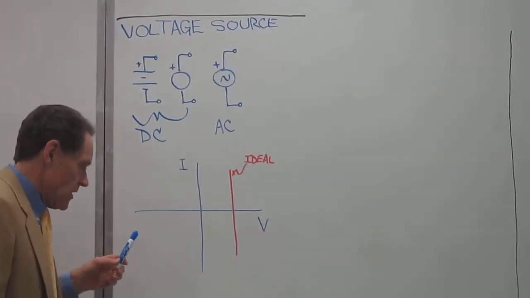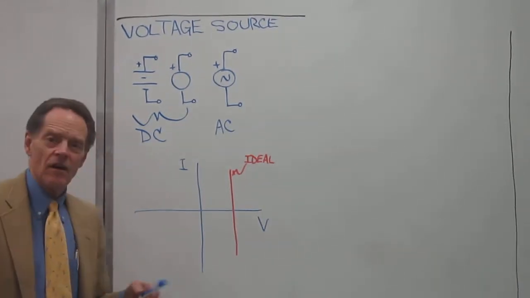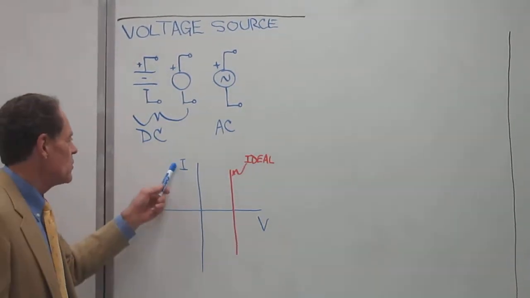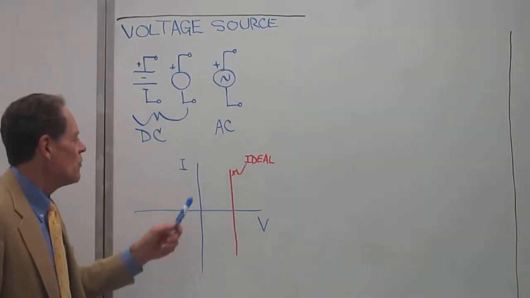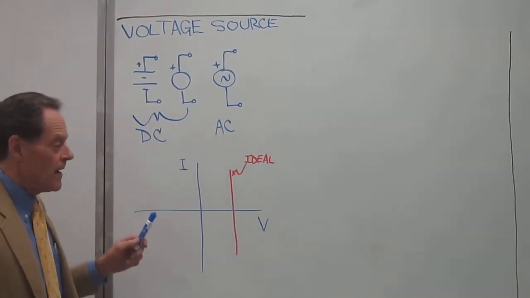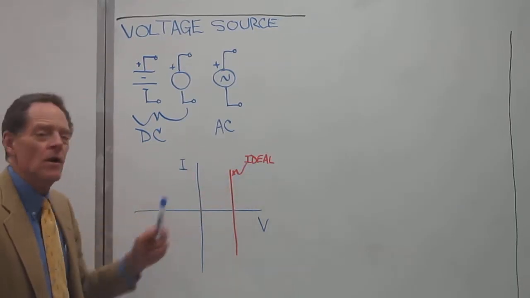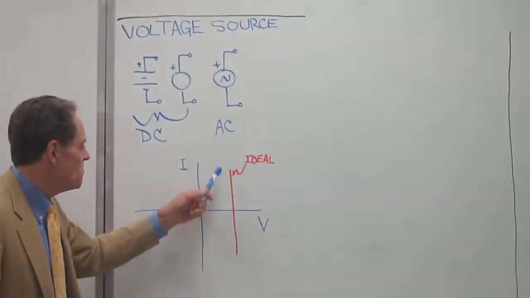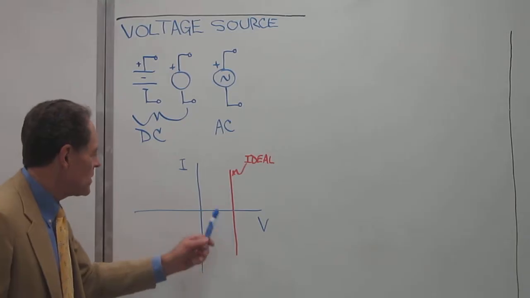So what you'll see a lot, and I refer to it fairly often, is what we call an IV curve. So current versus voltage, and what would be the current versus voltage plot for an ideal battery or an ideal voltage source. The voltage source, in an ideal world, gives you a particular voltage.